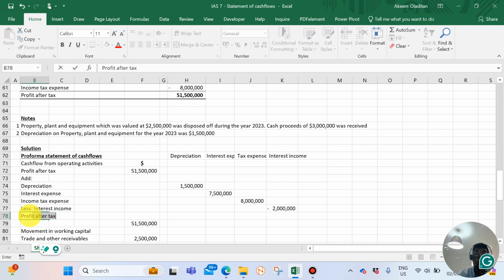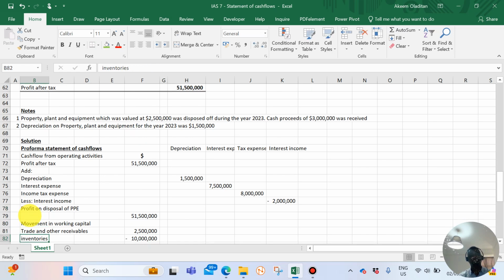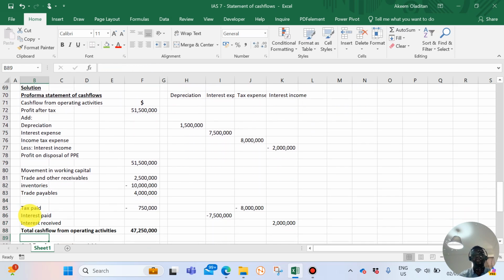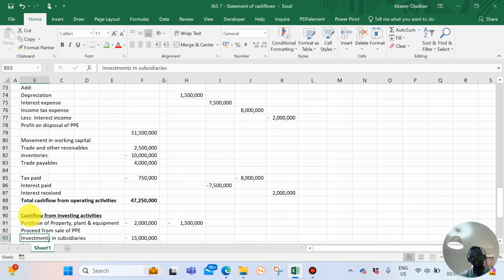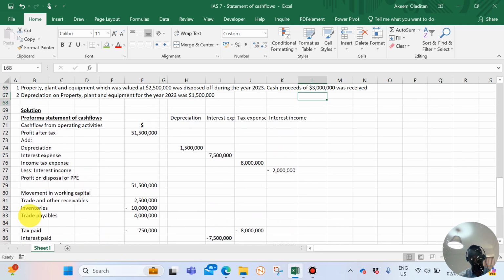So we also need to look at the profit on disposal. So insert this, profit on disposal of PPE. So the first thing we need to look at is how much cash was paid, because that cash would increase our cash flow. So disposal, let me just put asset disposal here.